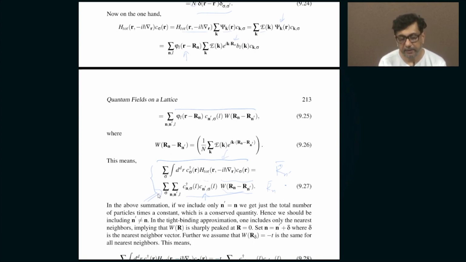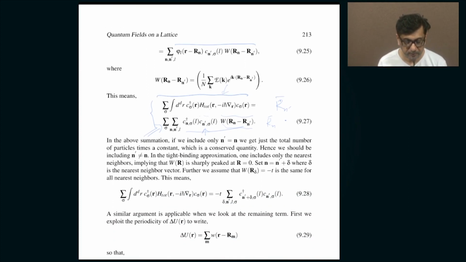So, the kinetic energy of the system in some sense now represents the hopping of an electron from one atom to another. Okay. So, we are going to assume that this W n is sharply peaked at 0. That means W 0 is the maximum; W r will be sharply peaked at r equal to 0.